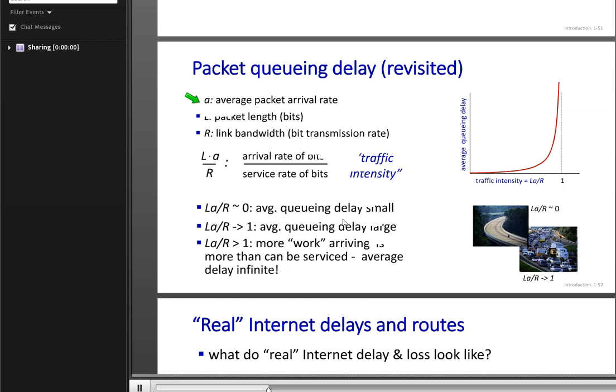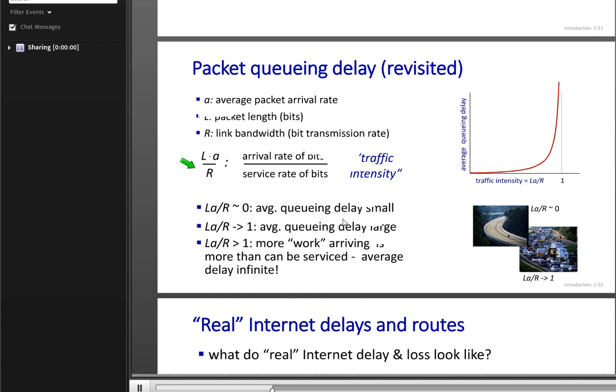Let's suppose that the arrival rate of packets is A. On average, A packets per second arrive at, for example, a server, a switch, or a router. And each packet has a length of L bits.